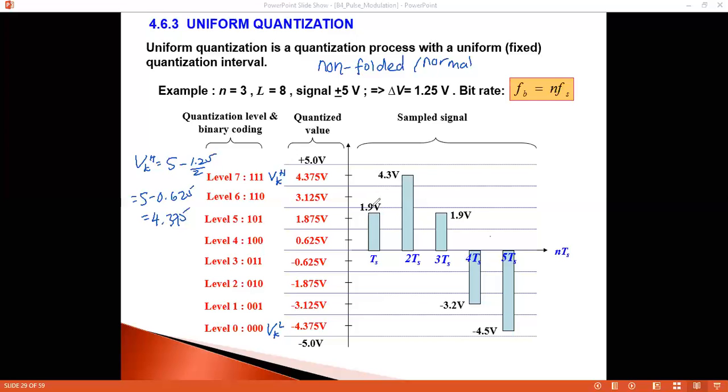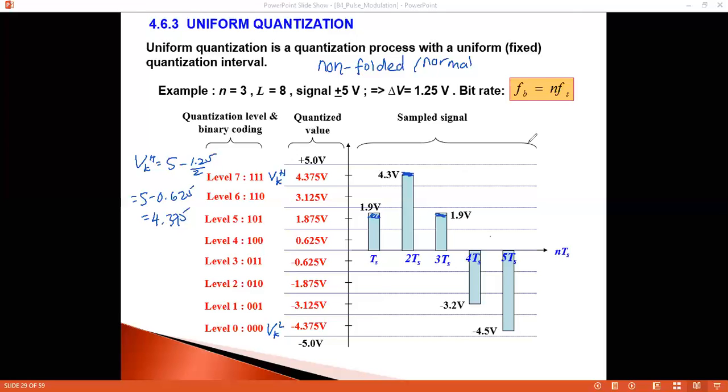After quantization, this will be 1.875, if you round it. This 4.3 also will be rounded to 4.375. The difference between them is known as quantization error or quantization noise.